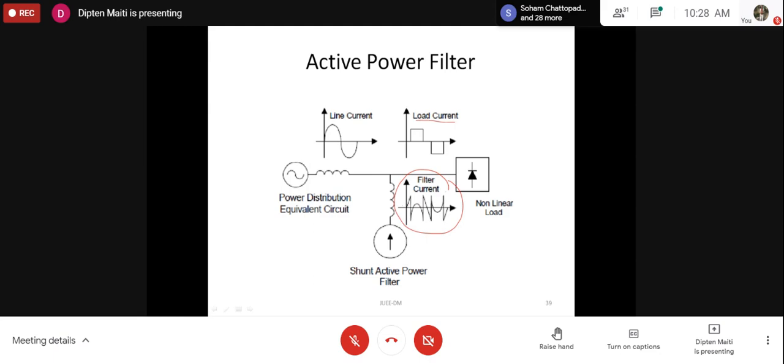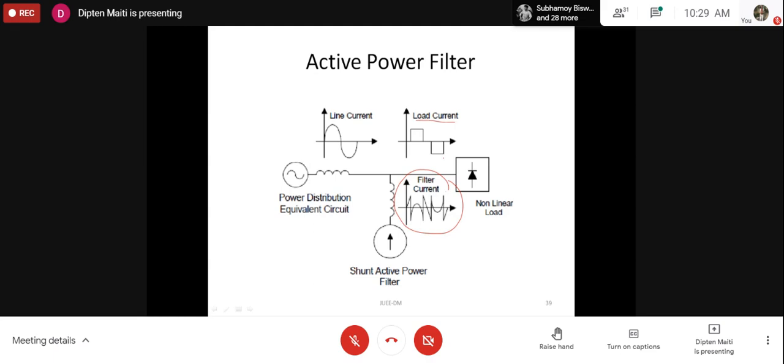So this consists of all possible harmonics that are inside the load current spectrum, without the fundamental.